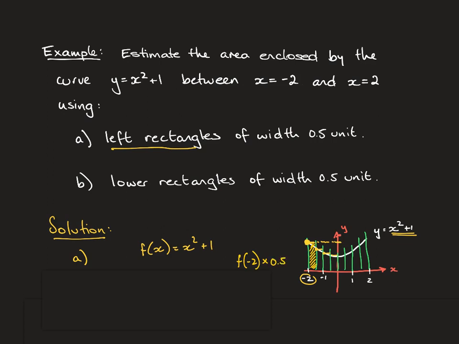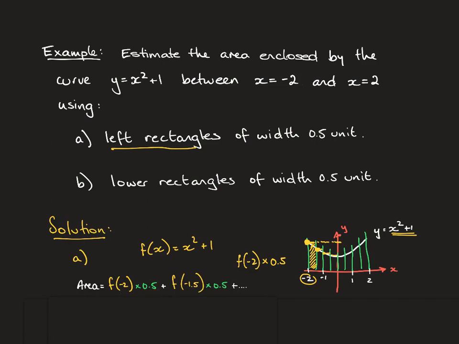And then I go through and I do the next rectangle using f of -1.5, etc., etc., etc. And so what I've got is a particular type of pattern, and you can see it here. Each time multiplying by 0.5.